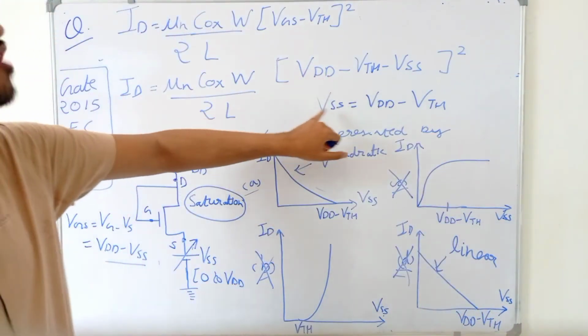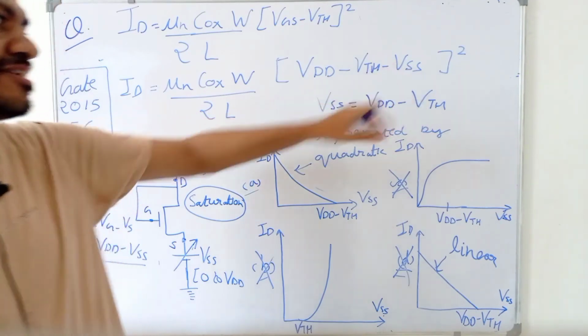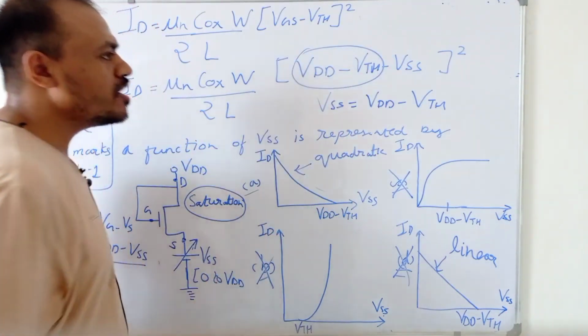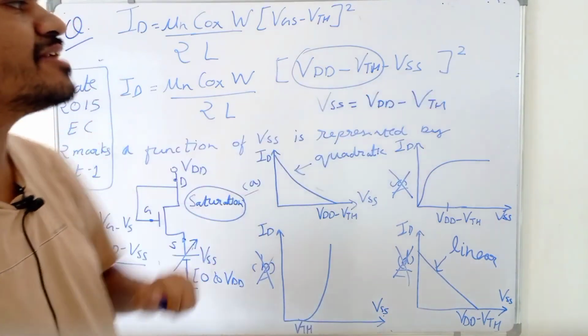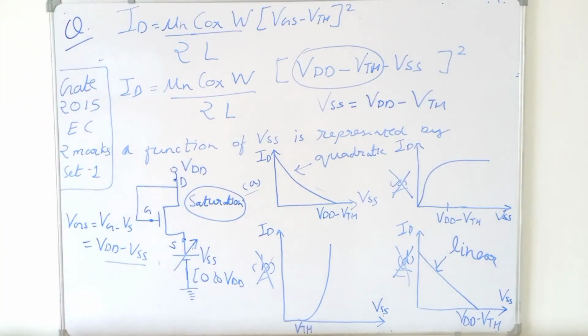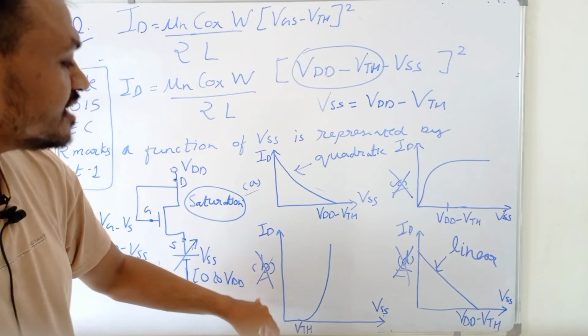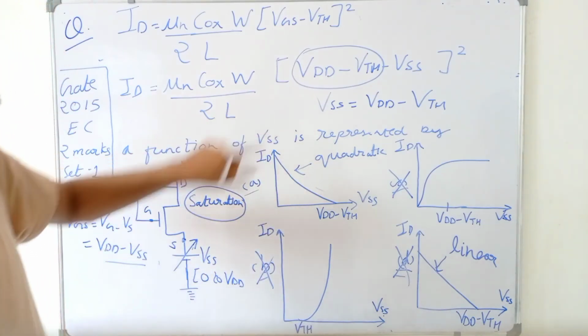ID has a quadratic relationship with VSS because VDD minus VTH is constant, and only VSS is varying from 0 to VDD. So the correct option is option A. I hope you understood how we got option A just by eliminating the options. When VSS is equal to 0, ID has to be maximum, it cannot be 0.